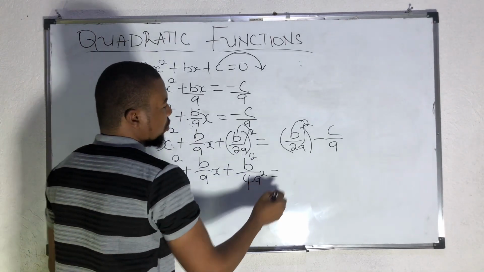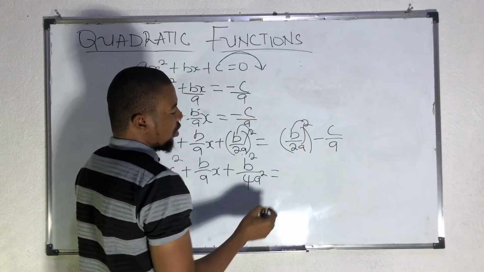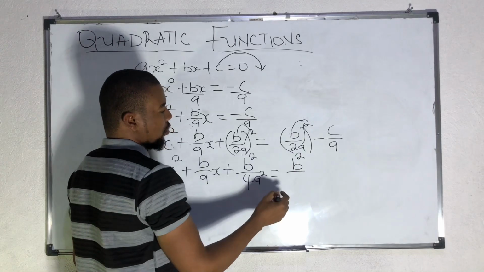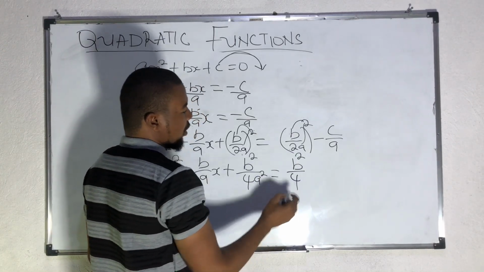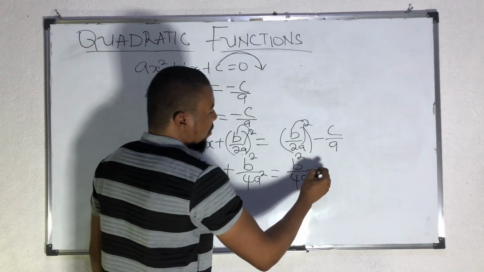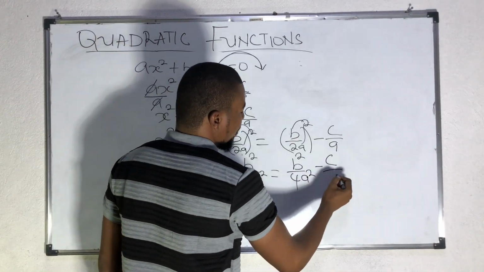This is equal to b squared over 4a squared minus c over a.